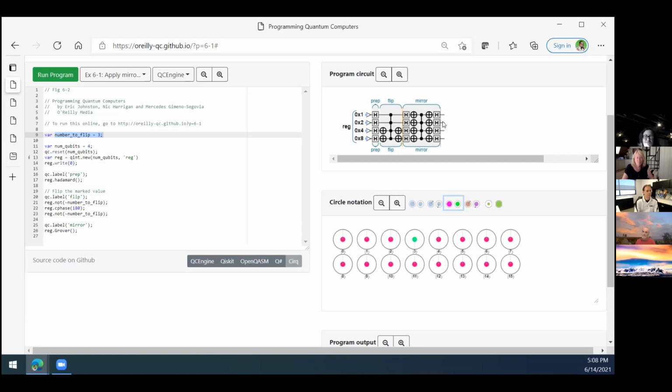Now if we do a mirror, we see that the magnitude of this has increased. And if we were to try and read, wanting to get the value 3, we would have a high percentage chance of getting 3, but not as high of a percent as we would like.